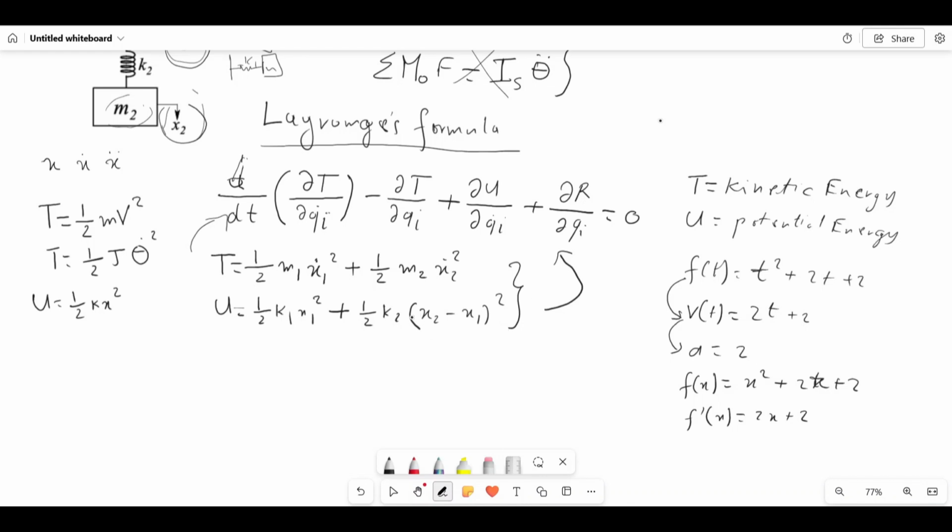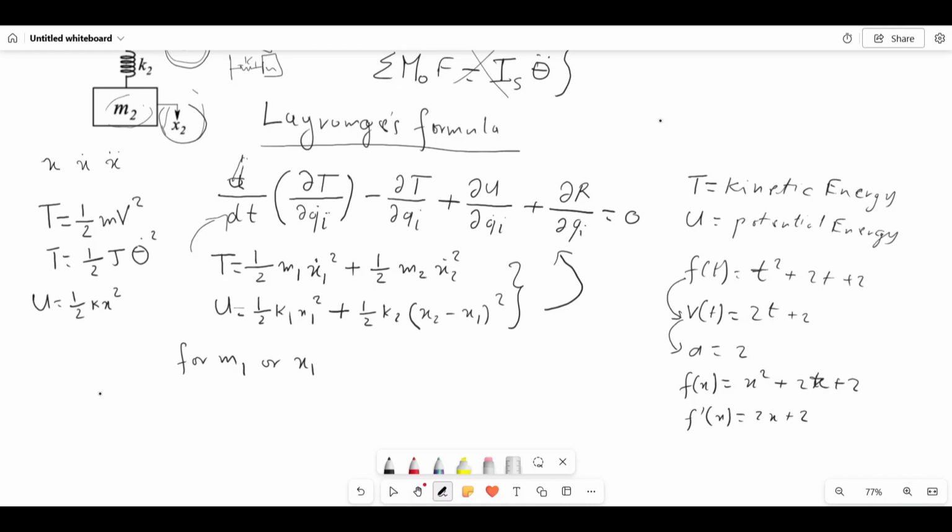Let's apply the formula. If we have to use Lagrange, for mass 1, or m1, I usually say x1 because m1 goes with displacement x1. Let's use Lagrange. This says partial T over partial q_i.